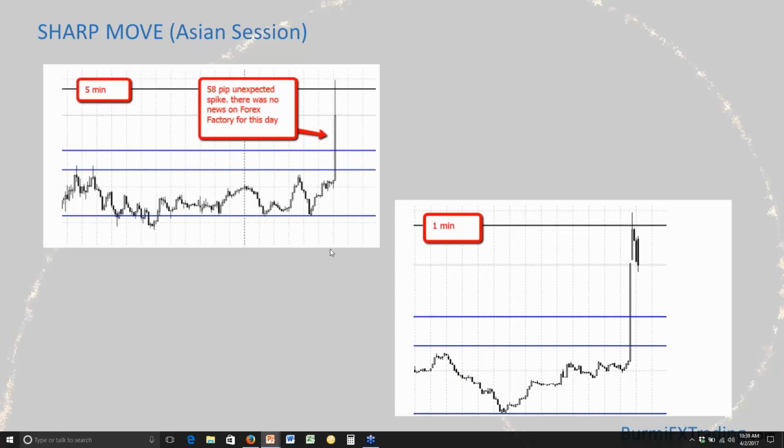All right, so this one is important. Sharp move. We see an unexpected sharp movement here. So we have the Asian session, and I just made a note: a 50 pip unexpected spike. There was no major market moving news on the Forex Factory calendar, and it's a 5-minute candle chart.